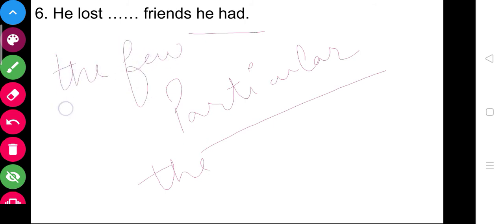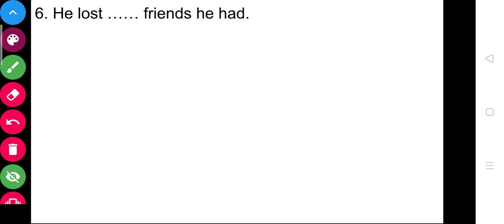Whatever number of friends he had, we can use the few here. So the answer would be the few. Particular few friends he had. Few means some. So the few friends, like a very small number of friends he had, he lost them. So the few would be the reply for the sixth one.